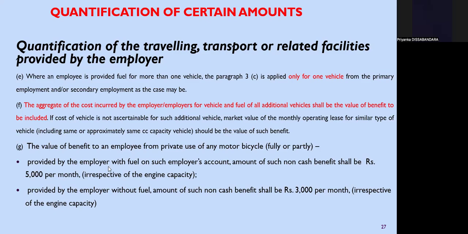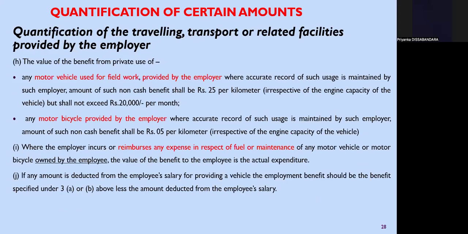If we have given a motorcycle with fuel, then we have to consider 5,000. If it is a motorcycle only, without fuel, then only 3,000 should be considered per month, irrespective of the engine capacity, as I have already explained.